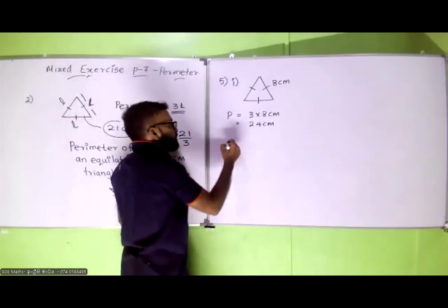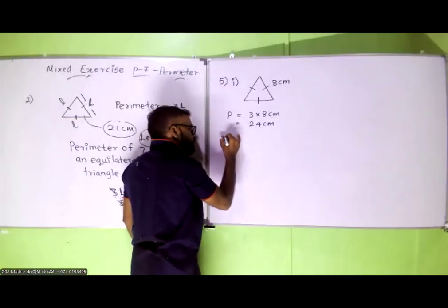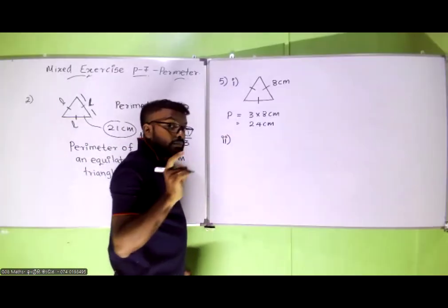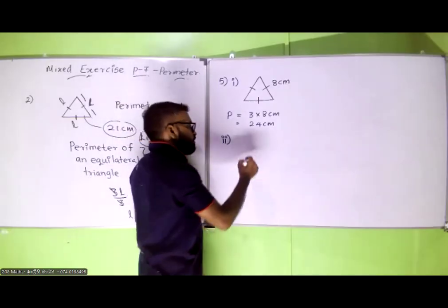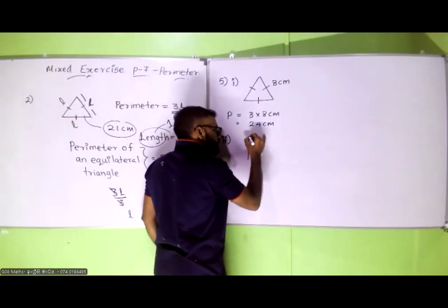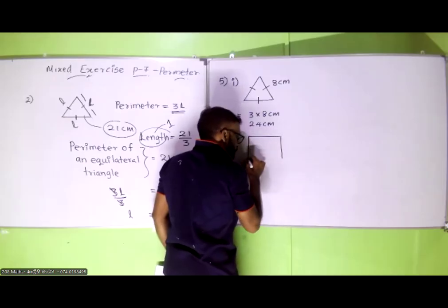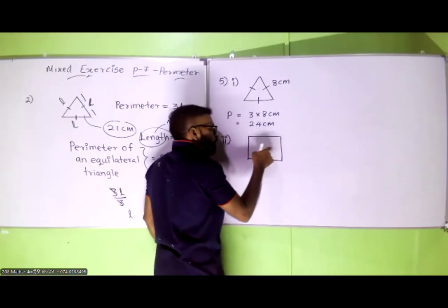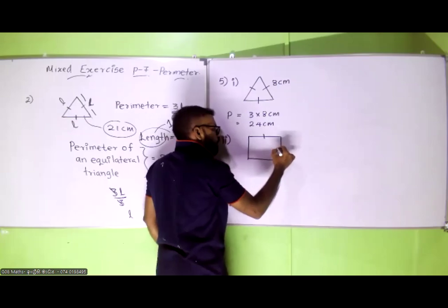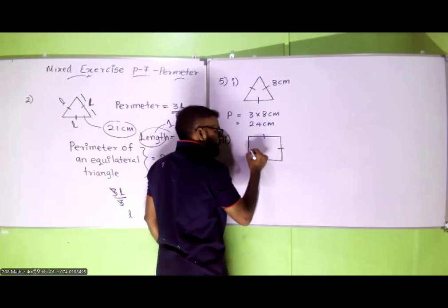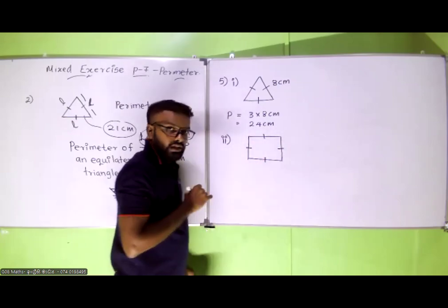Then we are going to move to the second part. In the second part, there is a square. For a square, all the sides are equal in length.